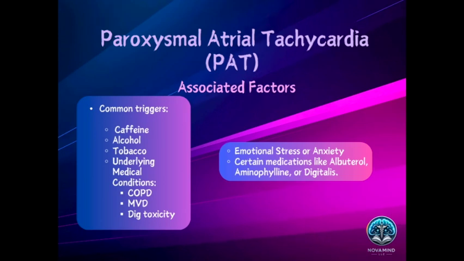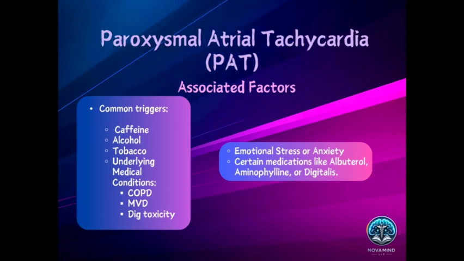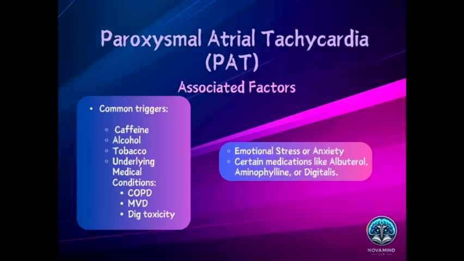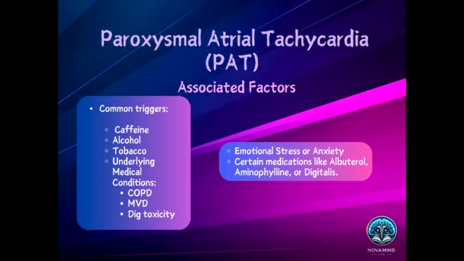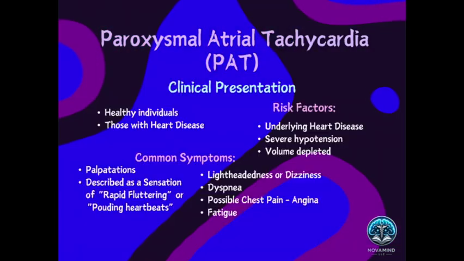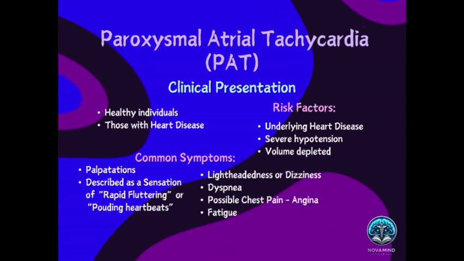Associated factors and common triggers include consumption of caffeine, alcohol, or tobacco, emotional stress or anxiety, and certain medications like albuterol, aminophylline, or digitalis. Underlying medical conditions such as chronic obstructive pulmonary disease, mitral valve disease, or digitalis toxicity are also known to precipitate PAT. PAT may occur in otherwise healthy individuals or those with heart disease.